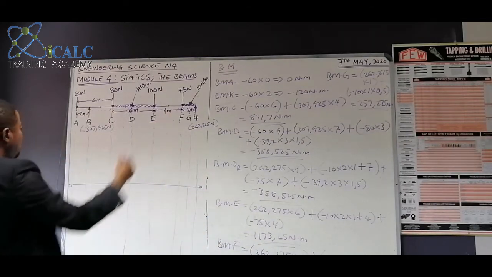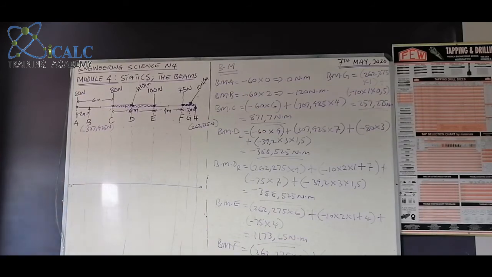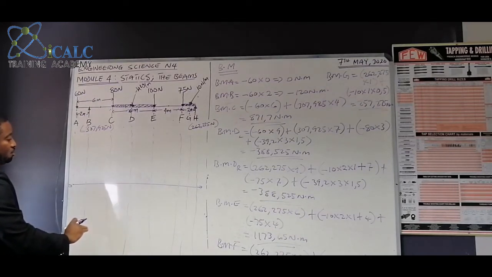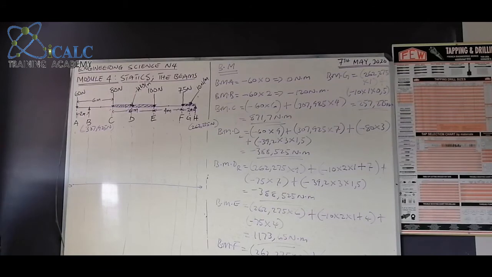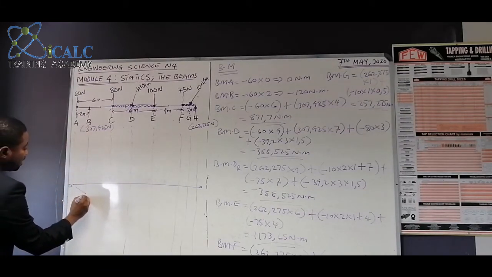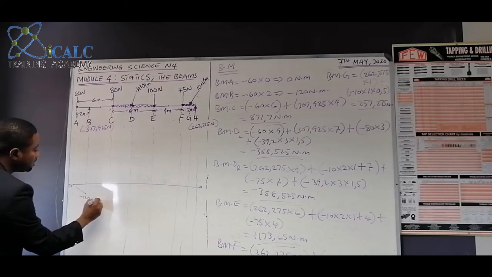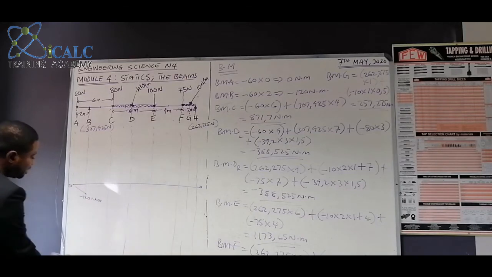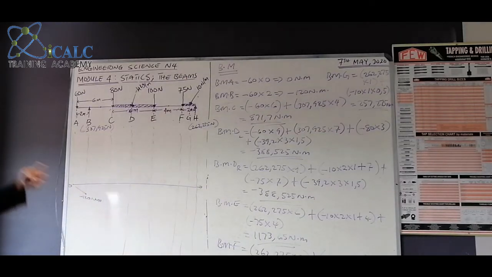Okay, now BMA we know it's 0. That's our 0. BMB we say is minus 120 Newton meter. Here on bending moment we don't draw straight. We must be slant all through. So to point B, we shall have minus 120 Newton meter. Please make sure that you always write the value about every point, because that's where they will score you marks.